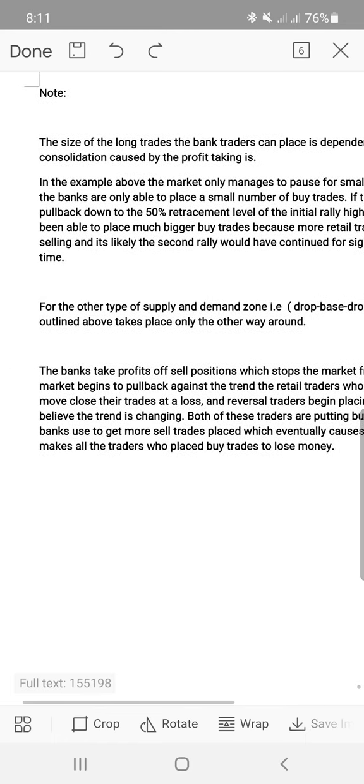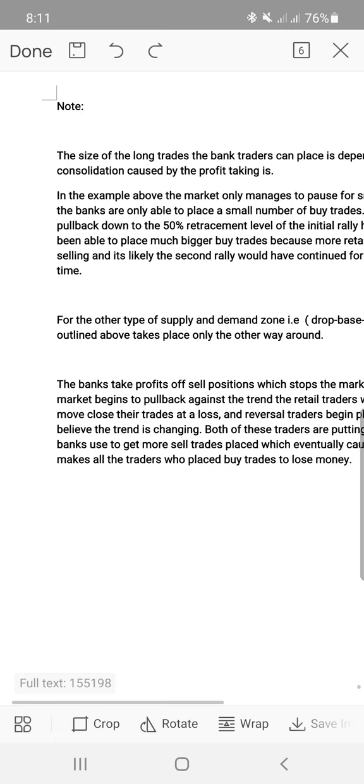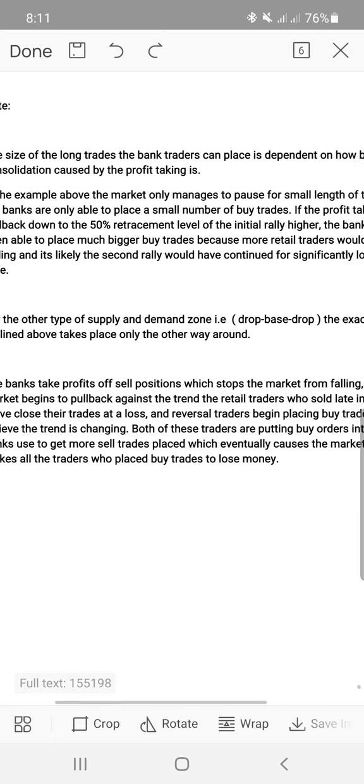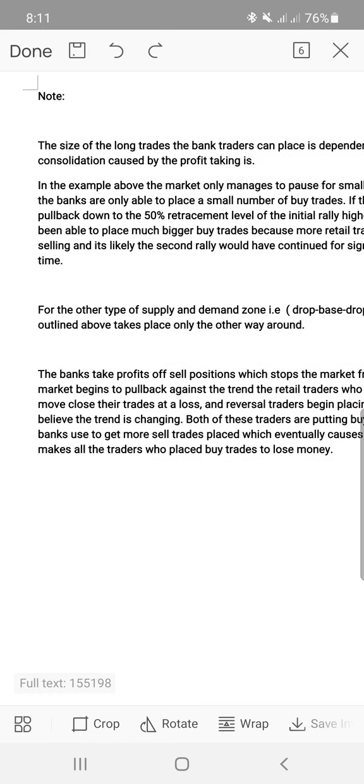Then as the market begins to pull back against the trend, the retail traders who sold late, remember, no matter what you do, don't sell late, because institutional traders will eat your money, close their trades at a loss because they sold late into the downtrend.